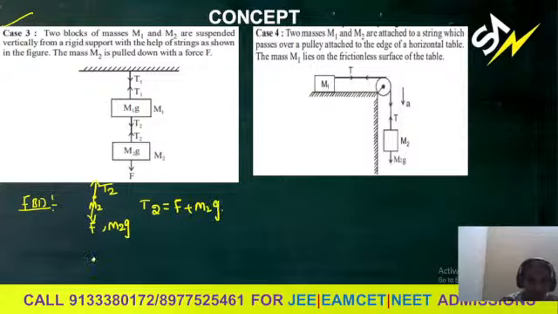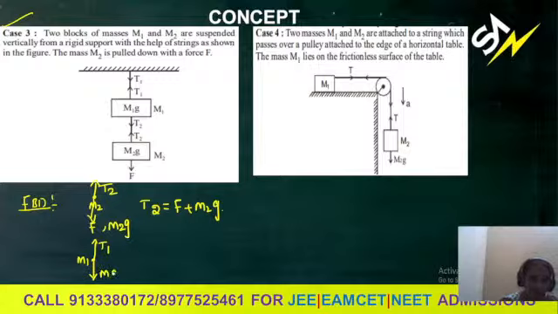And draw the free body diagram of M1. So on M1, the tensional force along the string, towards the rigid support, and downward, this tensional force, which is T1, will be balanced with the total weight of the blocks.